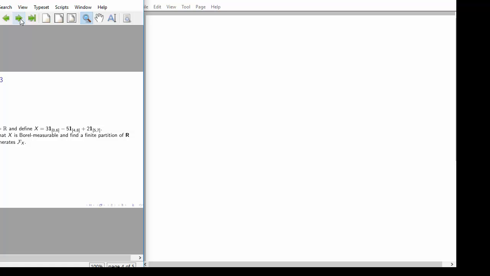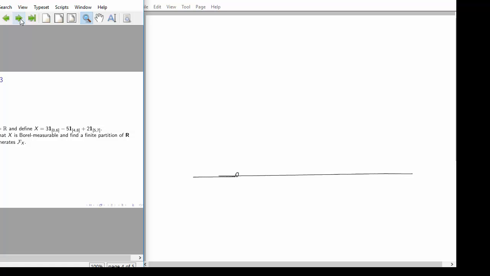So let's set up our graph. And clearly, if the value is less than 0, the payoff is 0.